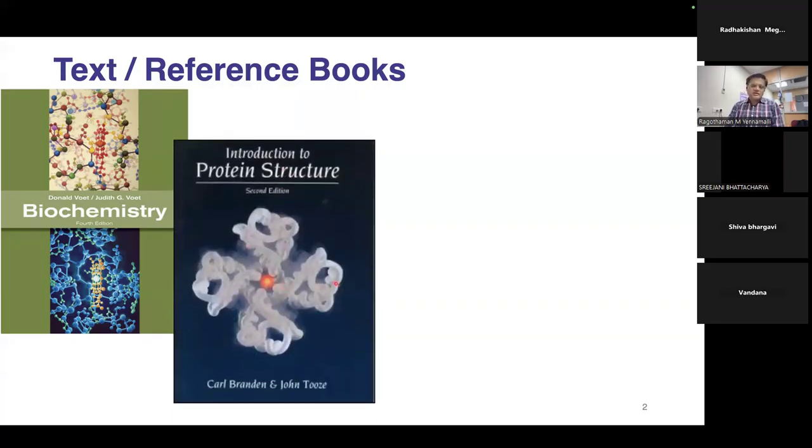Then there is an amazing book called Introduction to Protein Structure by Carl Branden and John Tooze. It is a very good book, and there has been no other book like this. There is no third edition that came out. The first and second editions are collectible books, especially for some of the images, and I will show you those images.